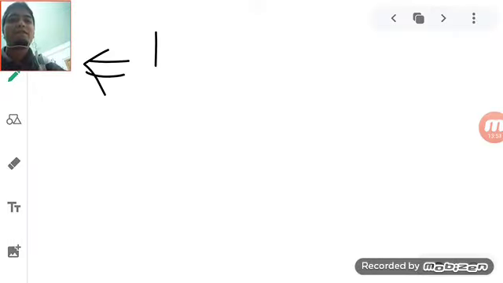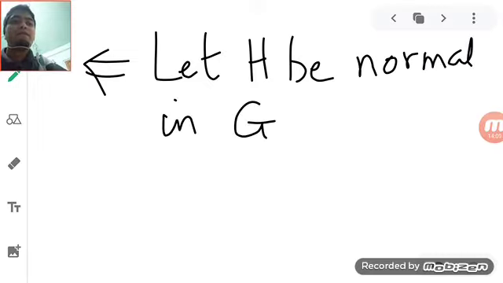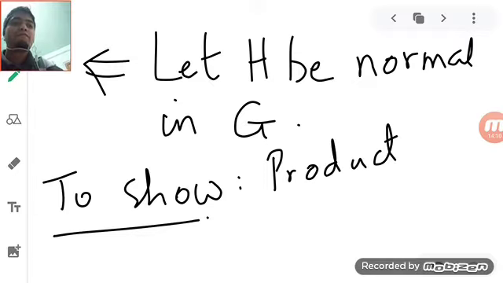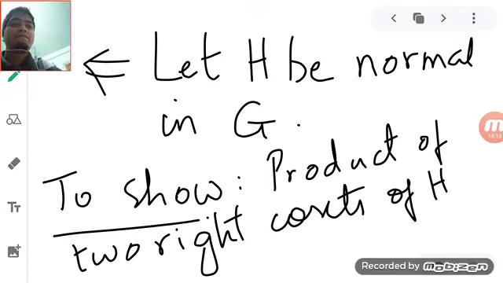The converse is, let H be normal in G, to show the product of two right cosets is a right coset. Two right cosets of H is a right coset.